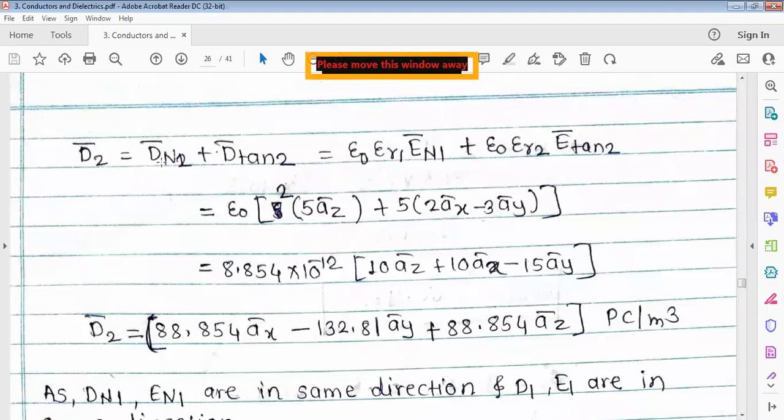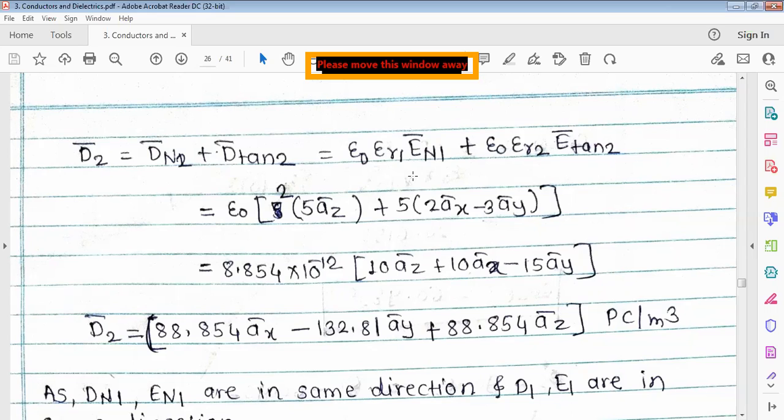That is, D bar n2 is equal to epsilon 0 epsilon r1 into E bar n1 plus the D bar tan 2 tangential component we have seen, which is epsilon 0 epsilon r2 into E bar tan 2. So we are taking epsilon 0 common, into bracket 2 into 5 a bar z, which we already obtained there.